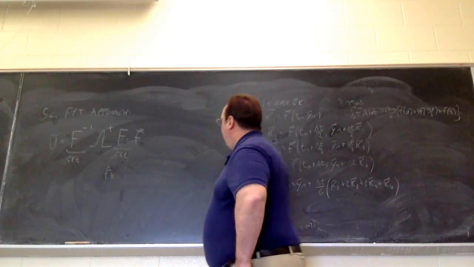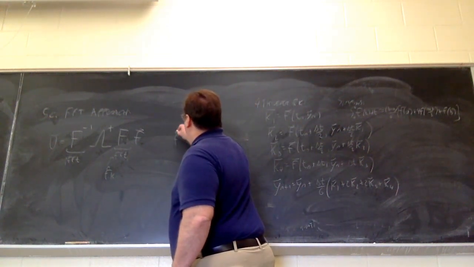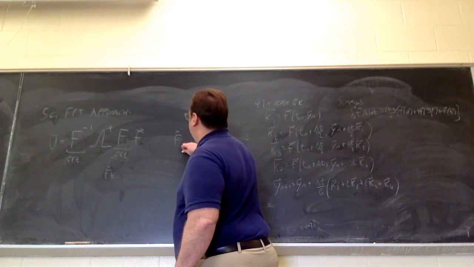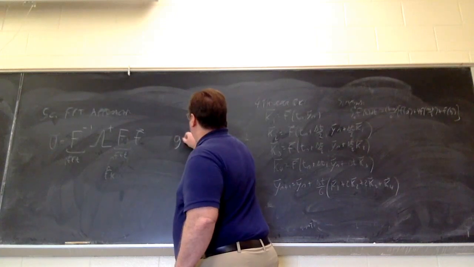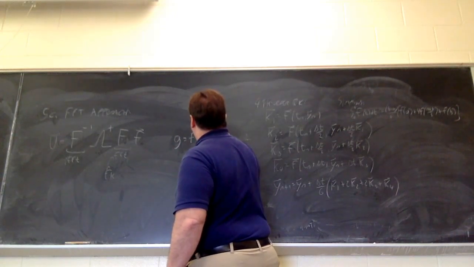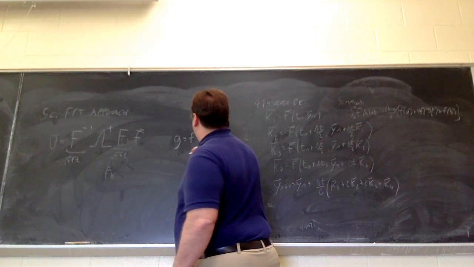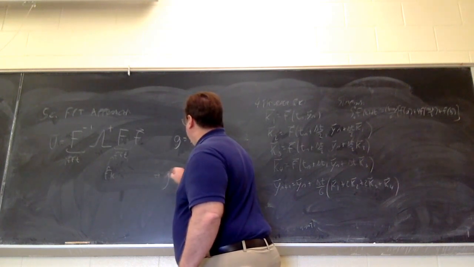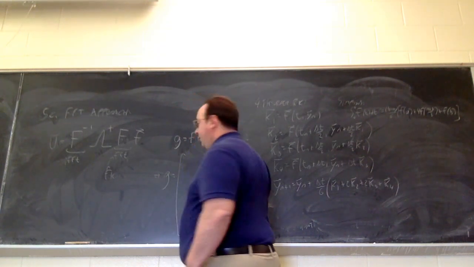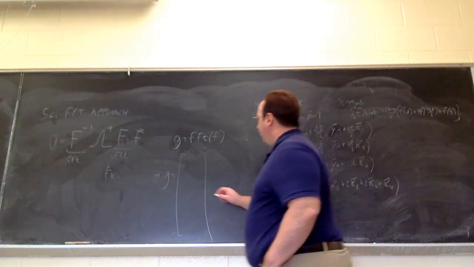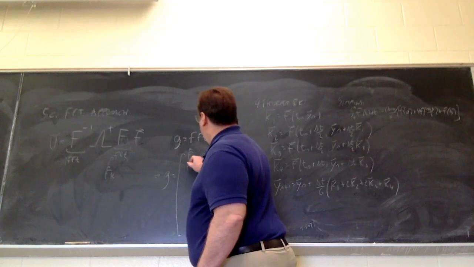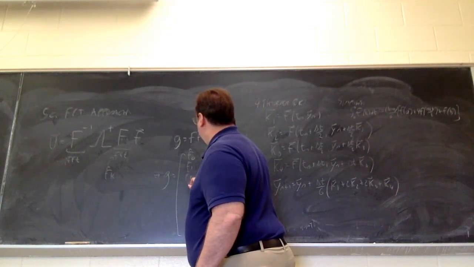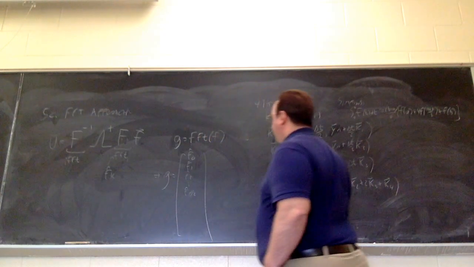Now, if you do, for instance, G is equal to FFT of F in MATLAB, then the vector that comes out will contain the frequencies in this order. The order is very important. F hat 0, which ought to be 0. F hat 1, F hat 2, up to F hat n over 2, we're assuming n is even.